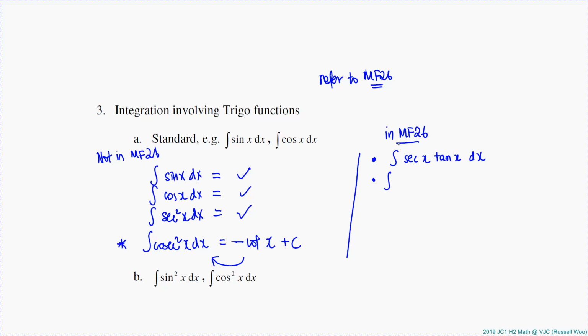Integrate tangent x first. I better write down. Sorry. You can look out for integrate tangent x, integrate cotangent x, integrate cosecant x, integrate secant x. So these four are all in the formula list. Now, I give you an example. I don't want to write everything. But this one.